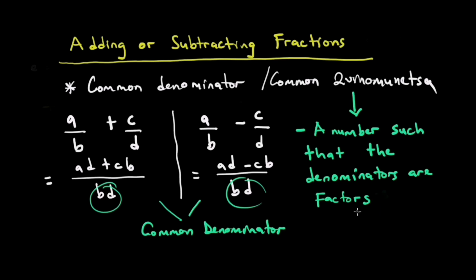Saka madenominator atinawo panapa ndi B uye D. Saka chinonzi common denominator inhamba yekuti B anopinda mairi asingasiye remainder, and also D anopinda mairi asingasiye remainder.